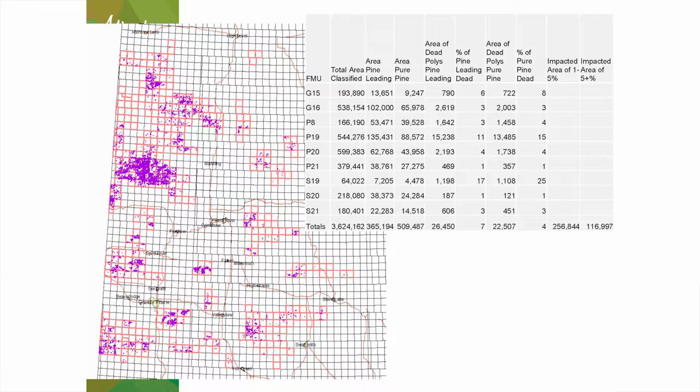As far as areas of smaller levels of impact, when you're looking for an impact of 1 to 5%, about 260,000 hectares are at that point. Not in the province, I should say. It's in our project area.